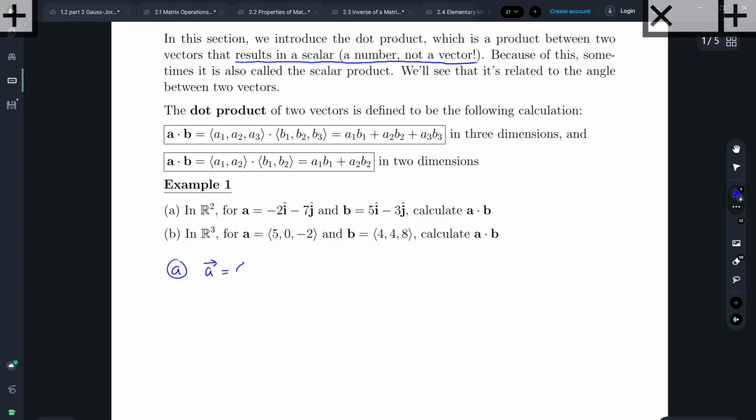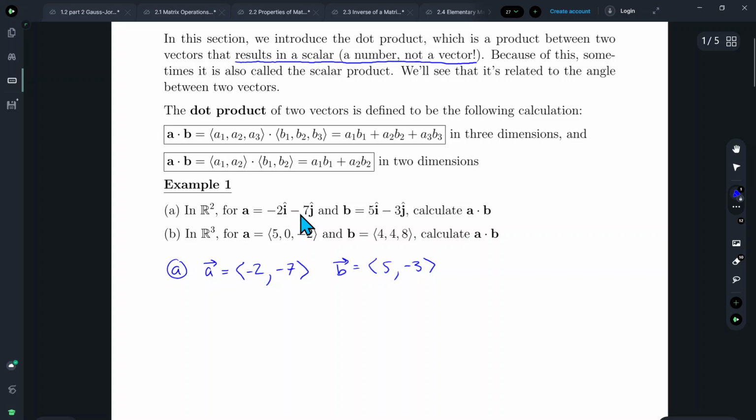So the vector A is just the vector <-2, -7>, and the vector B is just the vector <5, -3>. You just take the coefficients as the components of the vector. Now I want to calculate the dot product A dot B. So how does the calculation go?